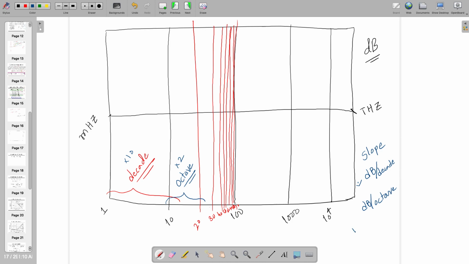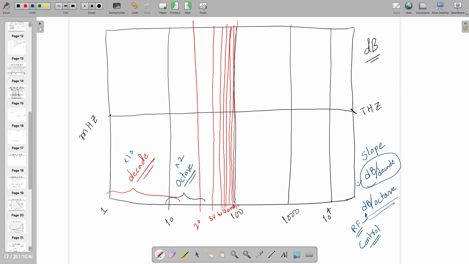But if somebody is an RF circuit designer, or a control engineer, generally they use dB per octave, right? But dB per decade is popular for us, that's why I'm teaching this. In your control theory course also, you are going to learn only dB per decade. But I'm telling you, designers are going to use dB per octave also.